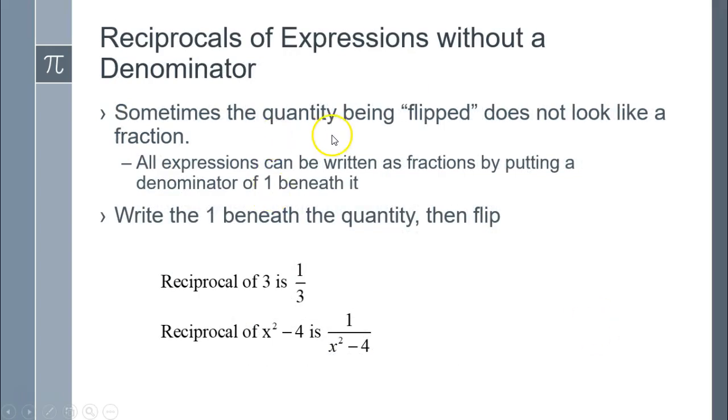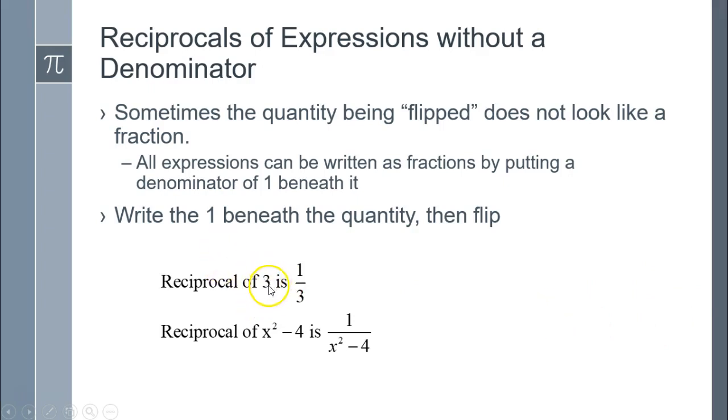So sometimes the quantity we're flipping, and a lot of people learn division of fractions by saying keep, change, flip. You keep the original first fraction, you change the sign to multiplication, you flip the second fraction. Sometimes what you're flipping didn't look like a fraction. So anytime you have a fraction involved in a multiplication or division problem, on either side of it, even if it's not both fractions, you need to turn integers into fractions by doing 3 over 1.